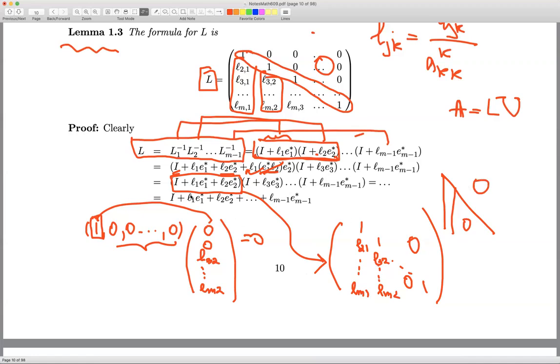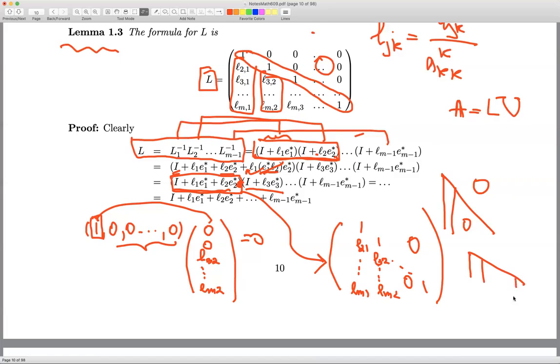And then if we continue the same way, doing the product of this matrix and the next matrix I plus L3 E3 star, with similar considerations as before, we will end up with the result I plus L1 E1 star and so on, plus LM-1 EM-1 star, which means that after every product, we will be continuously filling in the first column, then the second column, and so on.